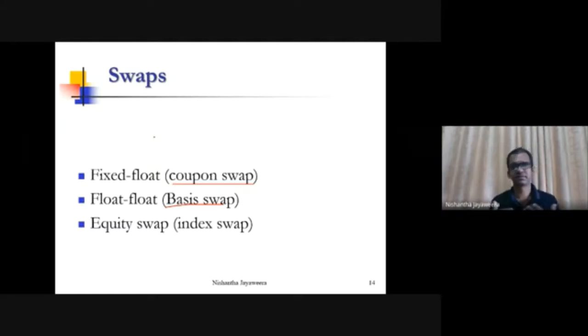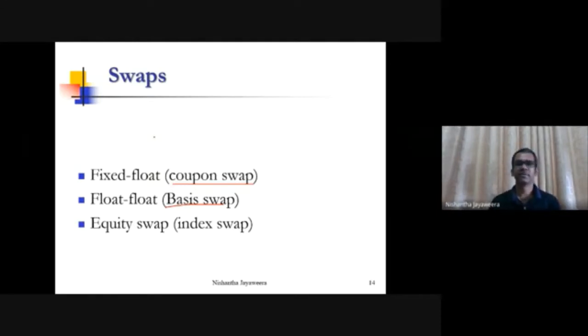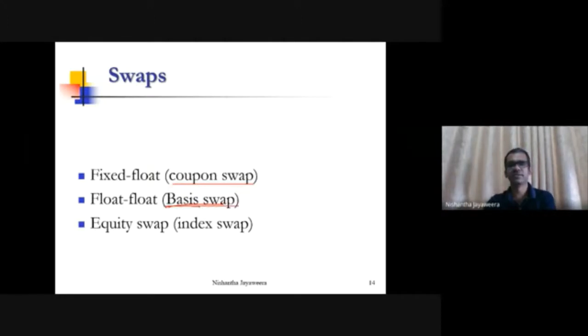So that difference, the difference between 3 months LIBOR and the 3 months Treasury bill rate, that is the basis. That difference won't remain fixed. That difference will change. The same basis concept that we used in futures is applicable here. So the difference between these two floating rates will vary with time. So that difference we call basis. Therefore, this float float swap we call a basis swap.